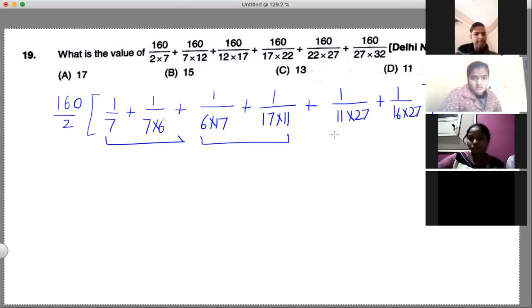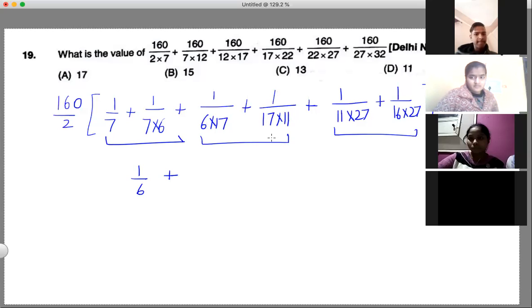Okay, we don't have a direct solution here. So when we add this up, what do we get? We get a 7 on top, right? And 7 into 6 below. So we will get 1 by 6 here. And similarly, this and this added will become 17.